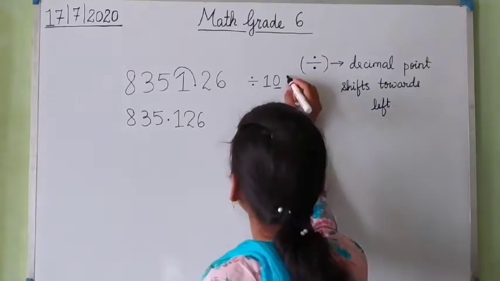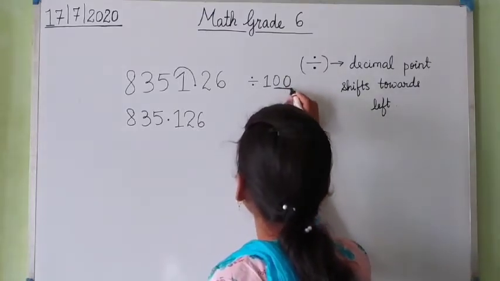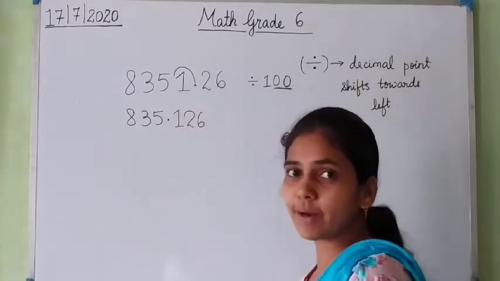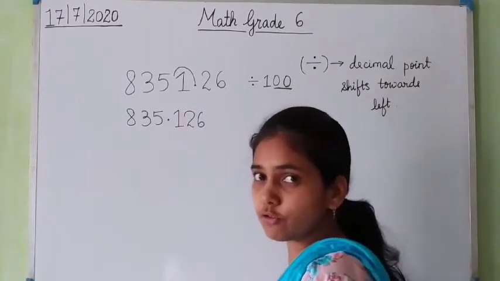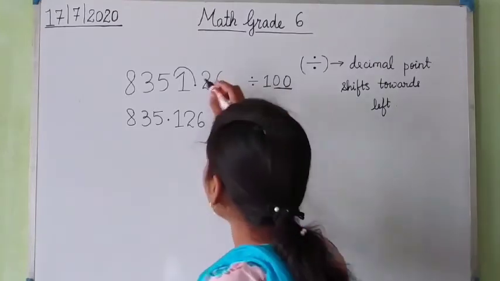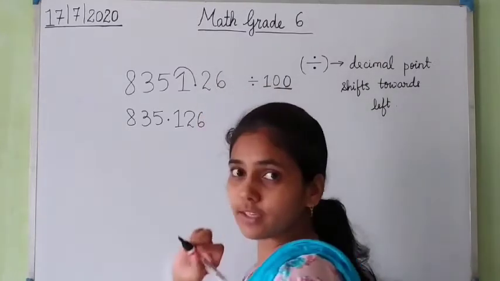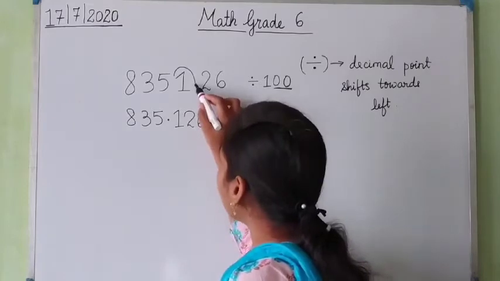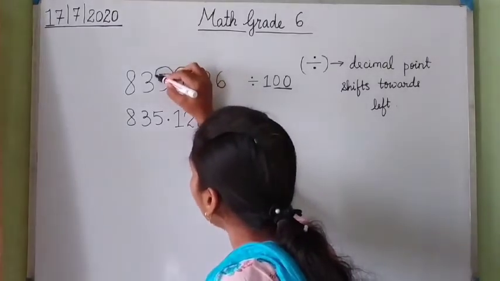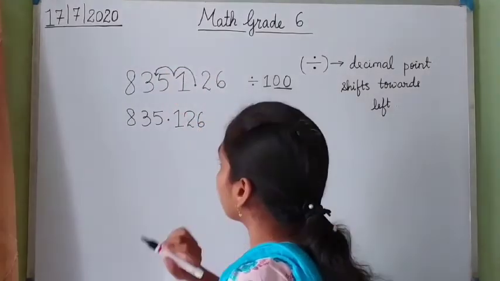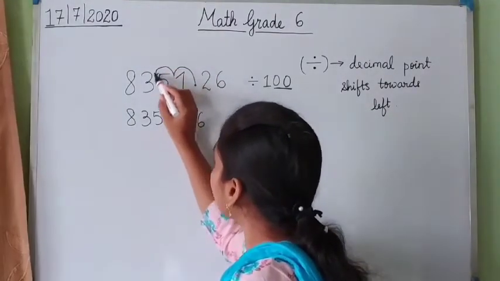Okay, now if this given number is divided by 100, how many zeros are there in 100? There are 2 zeros. So 2 zeros means the decimal point in the original number will get shifted towards the left side by 2 digits. So this is 1 and this is 2.